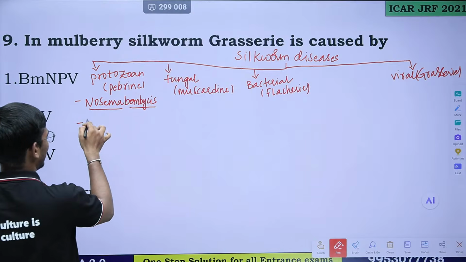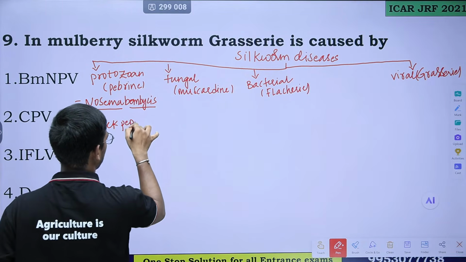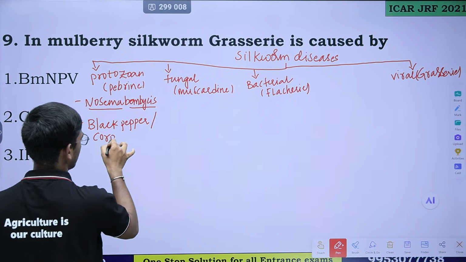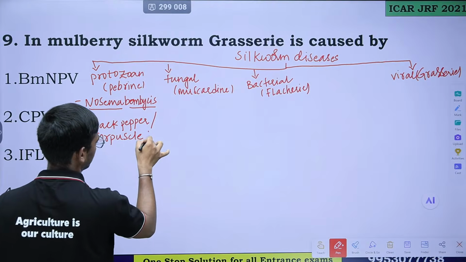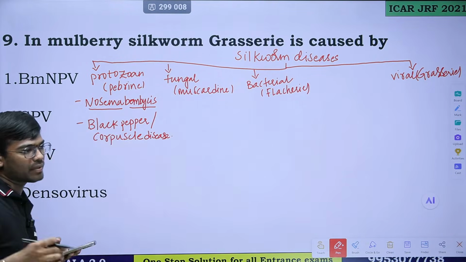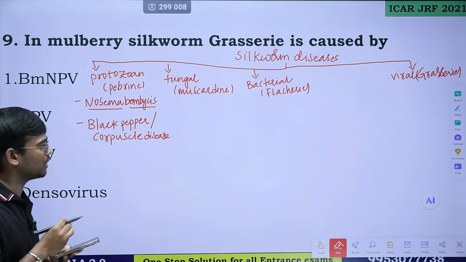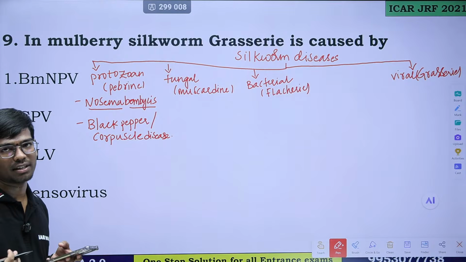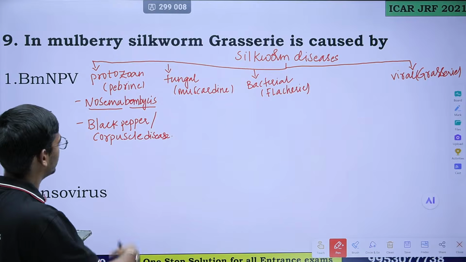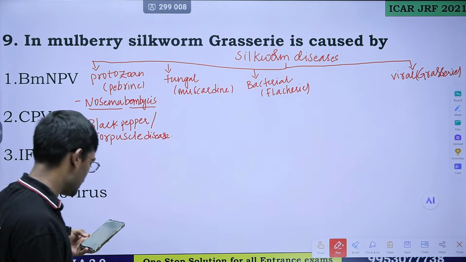You can remember it as a black pepper disease. Why? Because on the larva and even on the pupa and the adult insects, we can see black spots on different regions, mainly on the abdominal region. So it is called black pepper disease, which is caused by Nosema bombycis, a Microsporidium protozoa.